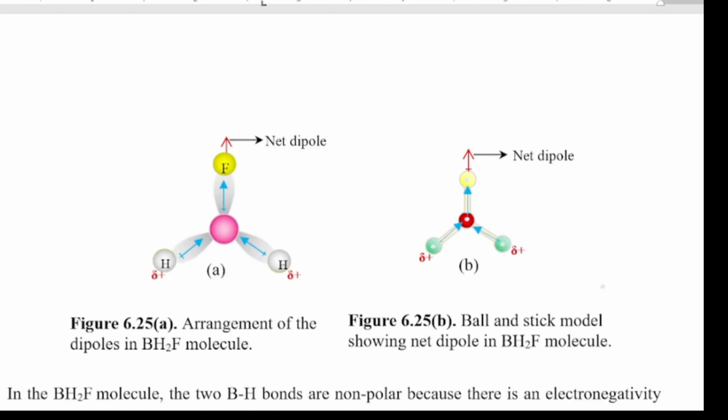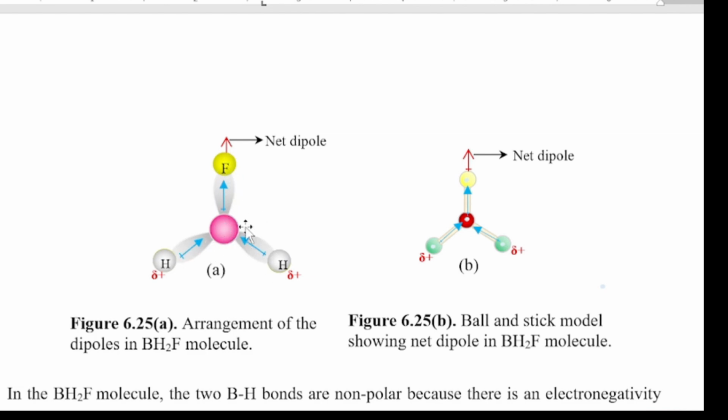What do we have? Here, this is boron again. Instead of fluorine here, we put in two hydrogens. What do you think will happen? Fluorine is highly electronegative. If you had a fluorine and fluorine here, nothing will happen, but now there's a movement, okay? Because this dipole is stronger than these, it will pull more electrons toward itself. These are pushing there.